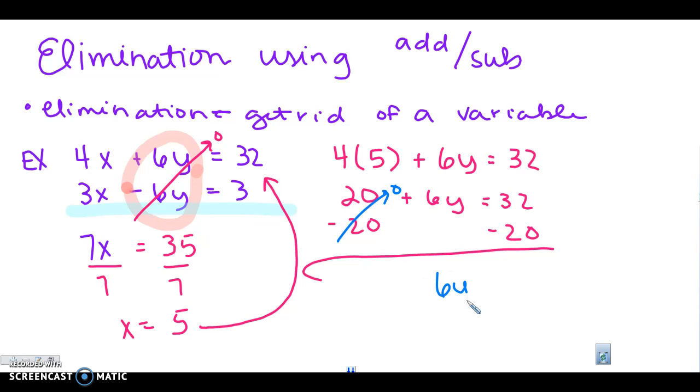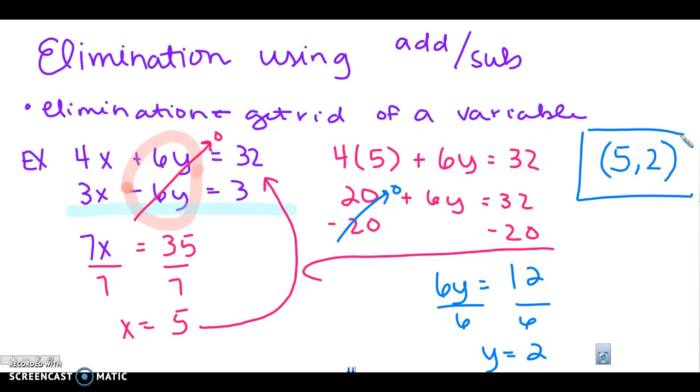I'll be left with 6y equals 12. Divide both sides by 6, and y is equal to 2. So my answer to this system of equations is 5, 2. And that is the point that makes both equations true. Okay, so that's my answer.